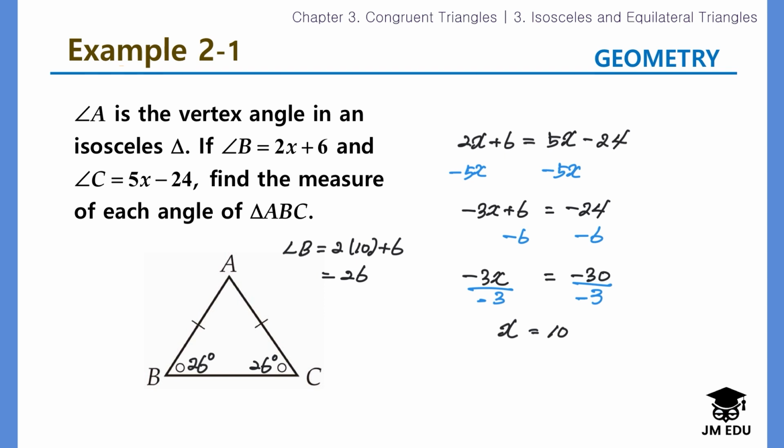So angle A must be equal to 180 minus angle B minus angle C. So 180 minus 26 minus 26, that's minus 52. So that's going to be equal to 128 degrees, right?